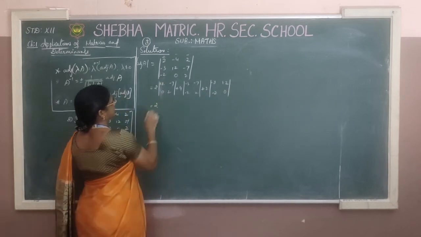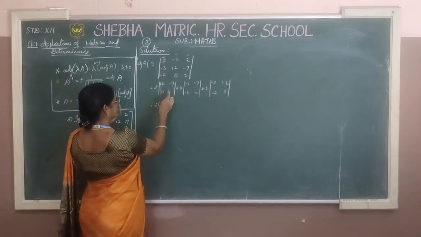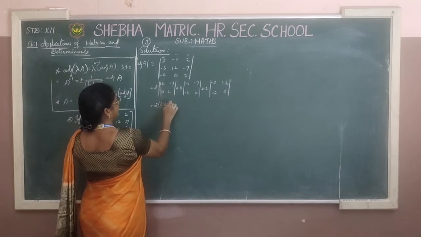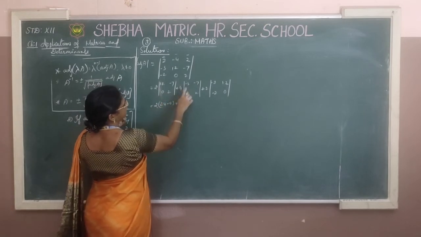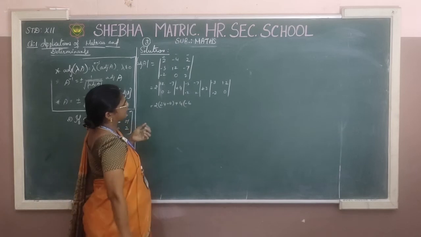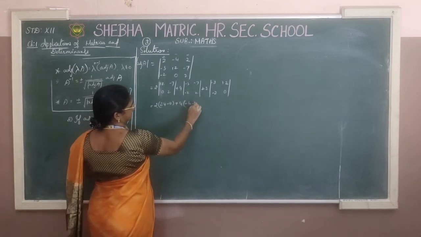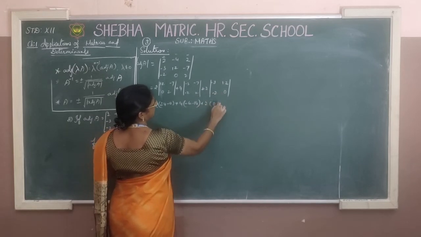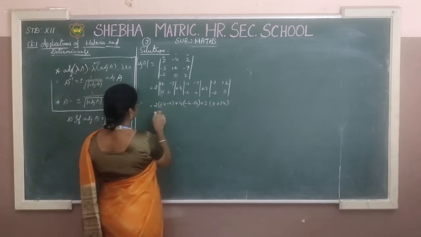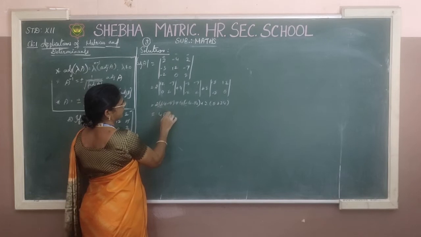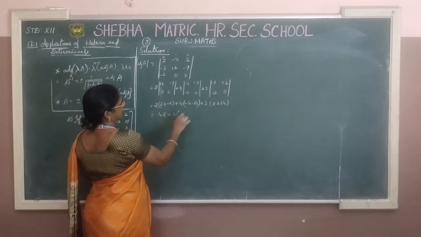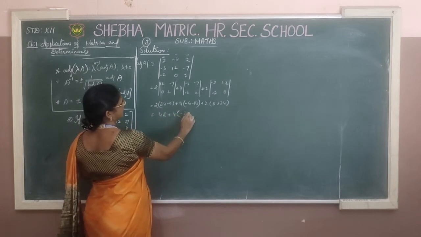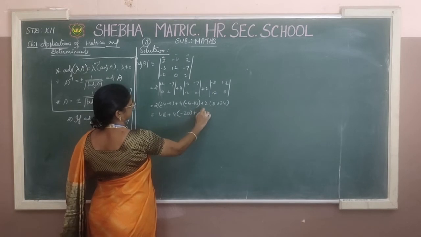Okay, 2 into what we get, 2 12s are 24 minus 0, plus 4 into 3 2s are minus 6 and minus 14, plus 2 into 0 plus 24. We get 48 plus 4 into, this is what, minus 20, plus 48.